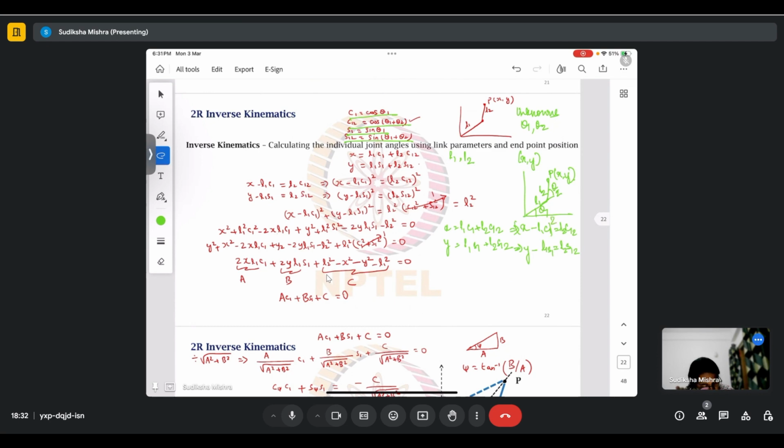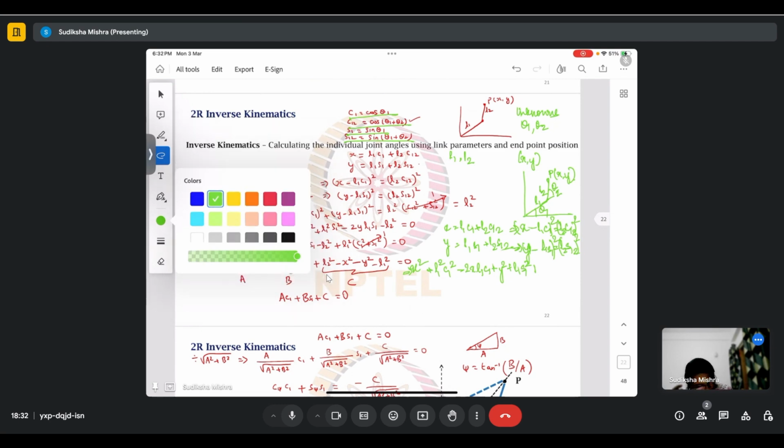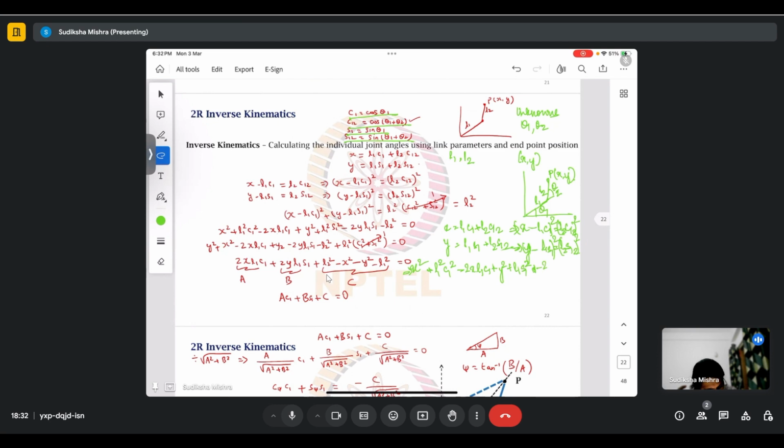Squaring both the sides results in x square plus L1 square C1 square minus 2x L1 C1, plus y square plus L1 square S1 square minus 2y L1 S1, is equal to L2 square C12 square plus L2 square S12 square.